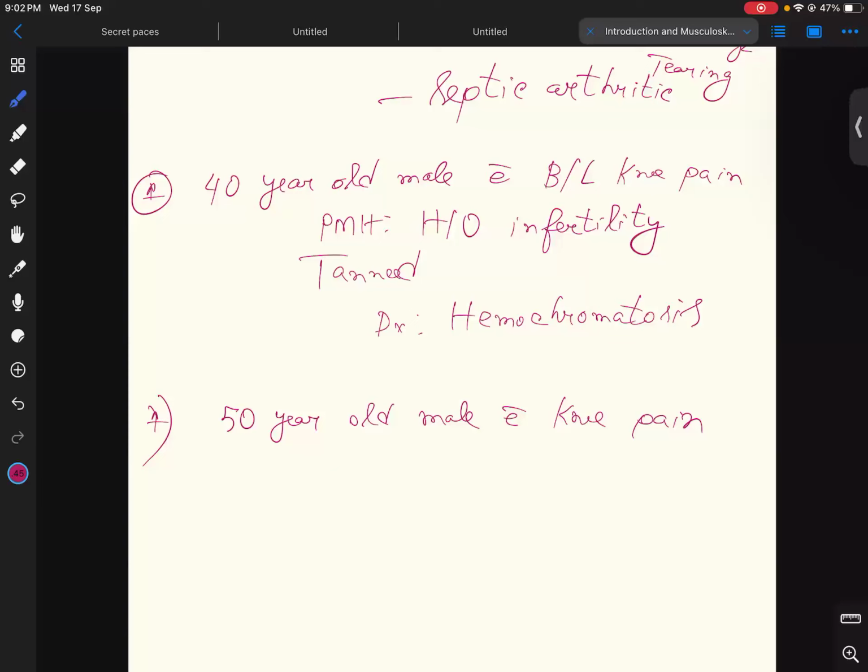And he is also telling that he feels fatigue, that is weakness. Regarding the past medical history, he is telling that he has some bleeding disorder. That's why he has a history of repeated blood transfusion. What is the cause of knee pain in this patient? And he has stigmata of CLD also.